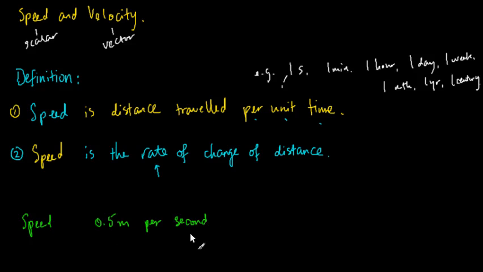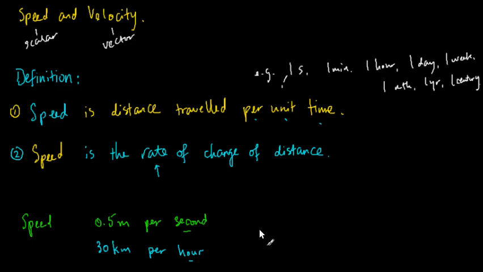So in this case, my unit time would be 1 second. Or you can say that the car is driving at, let's say, 30 kilometers per hour. And in this example, 1 hour would be my unit time.